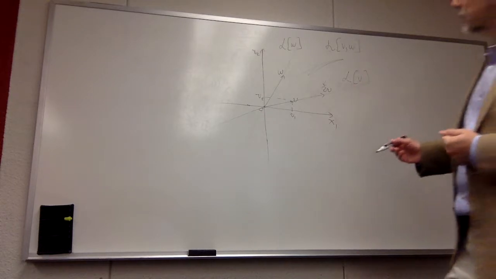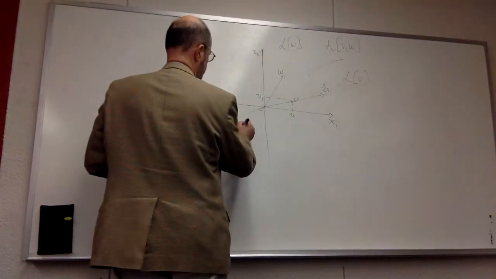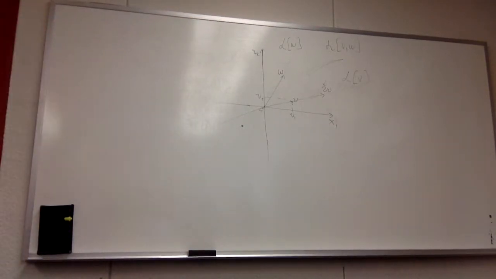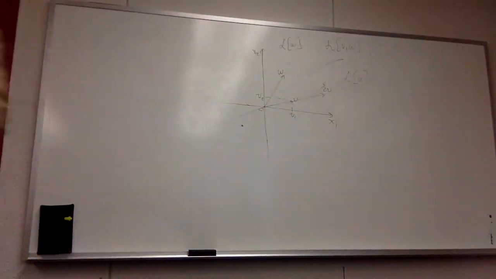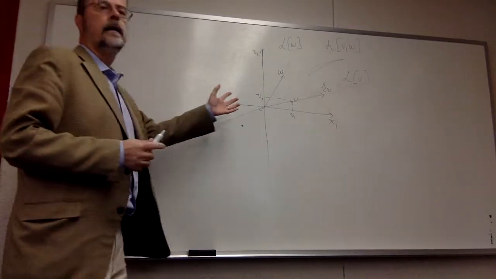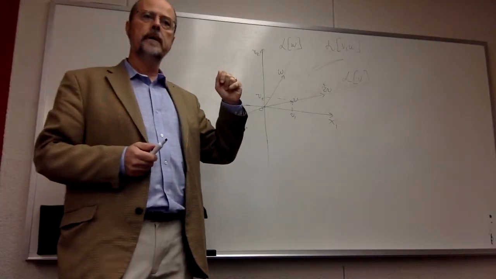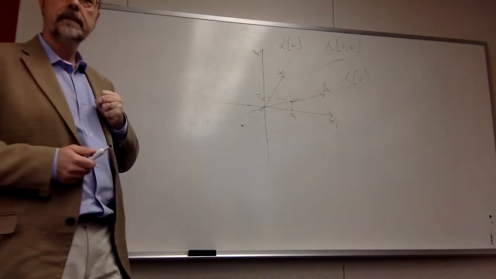Well, here's a point, and I ask, how can I get this point? By multiplying the v and the w by an appropriate number and then adding the result.